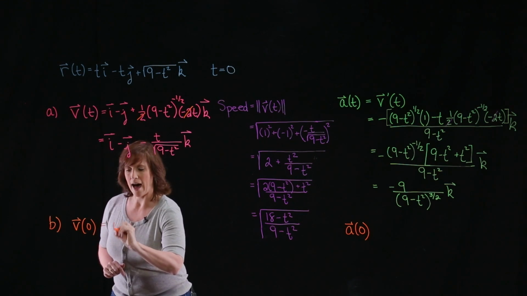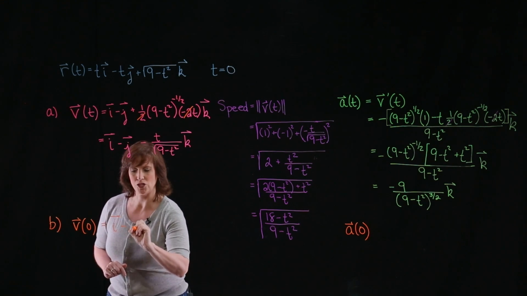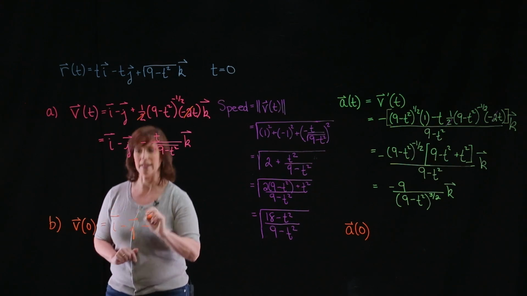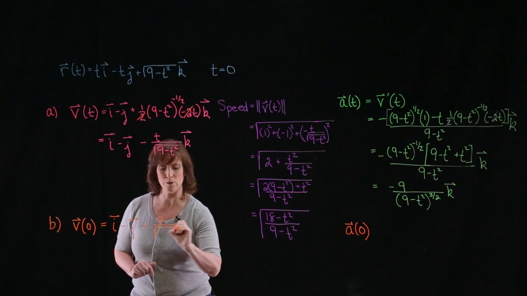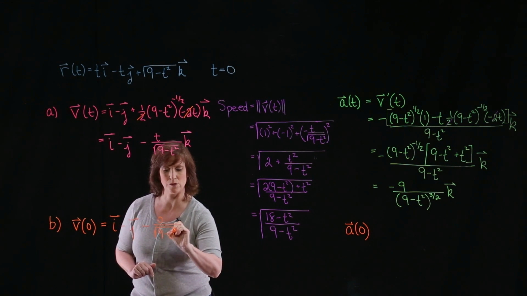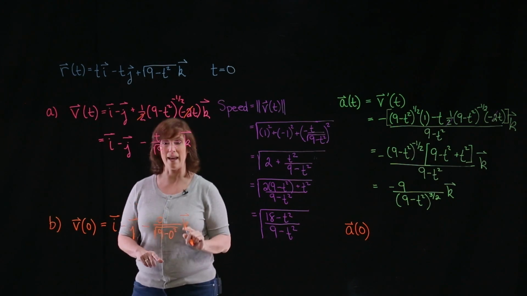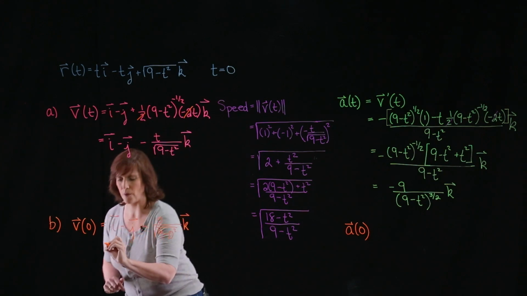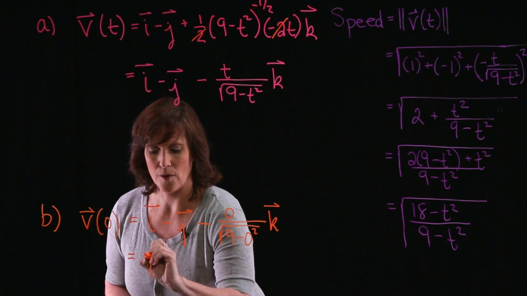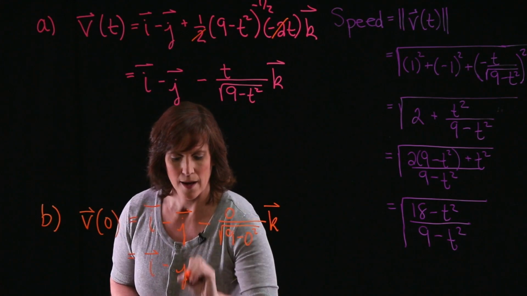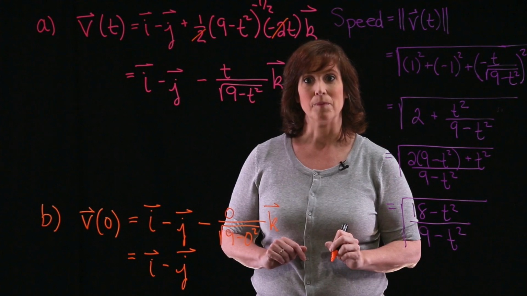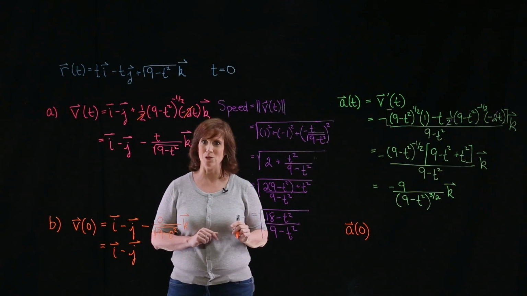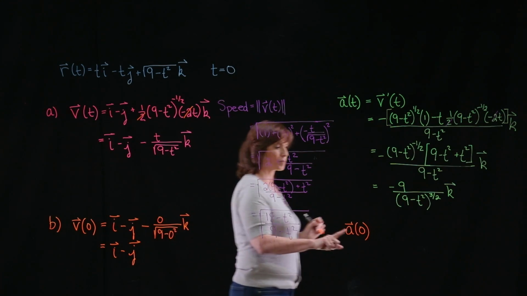So I have simply i minus j minus 0 over the square root of 9 minus 0 squared times vector k. This constant is just a 0, so at t equals 0, my velocity vector is just i minus j.